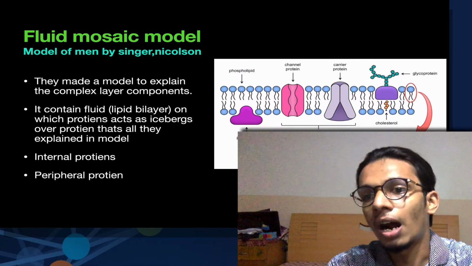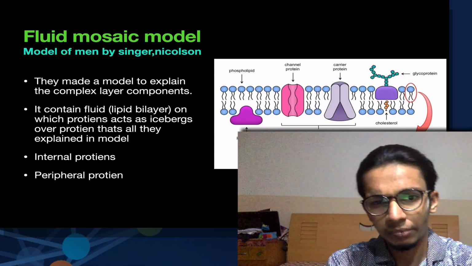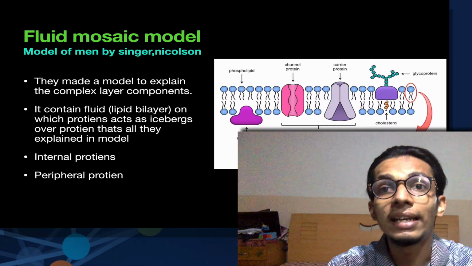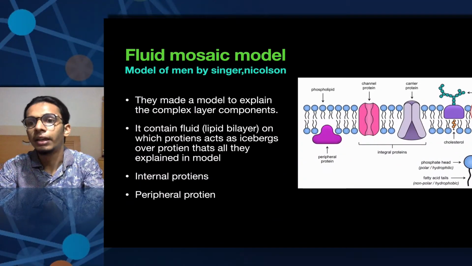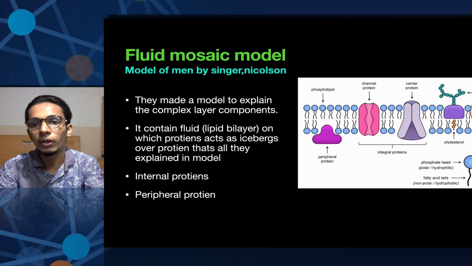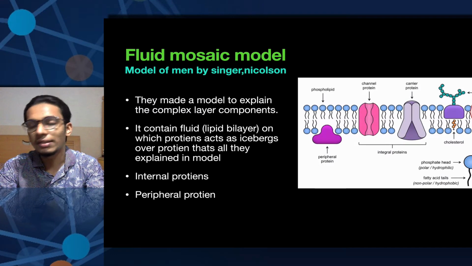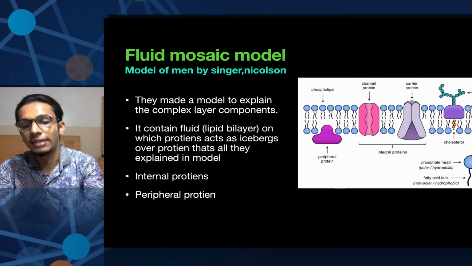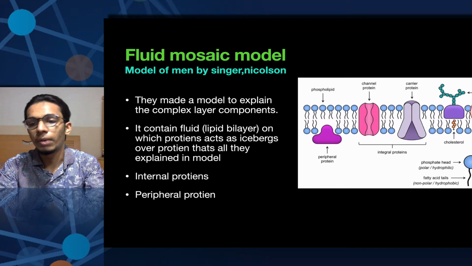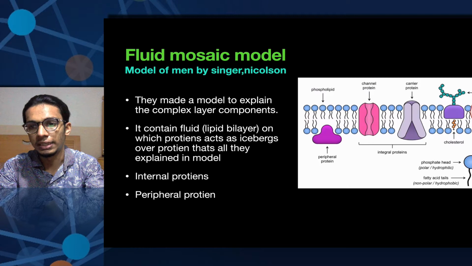Peripheral proteins are usually known to perform functions like identification of different cells. Like kidney cells have different peripheral proteins, and the most common example of this concept is that we have different blood groups A, B. These blood groups are due to the peripheral proteins over the RBCs.